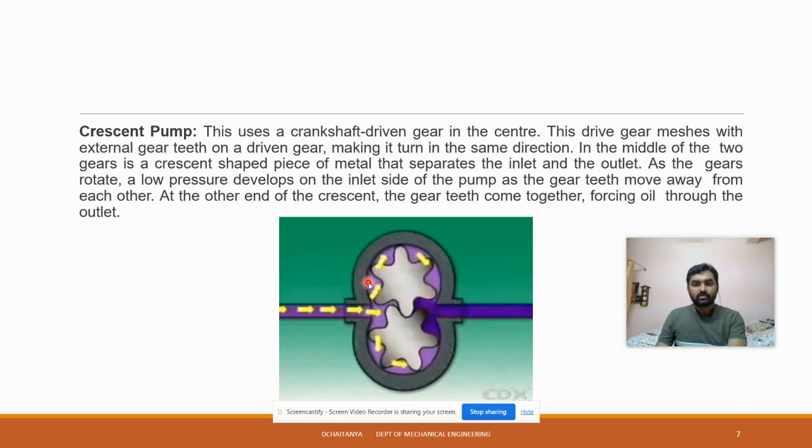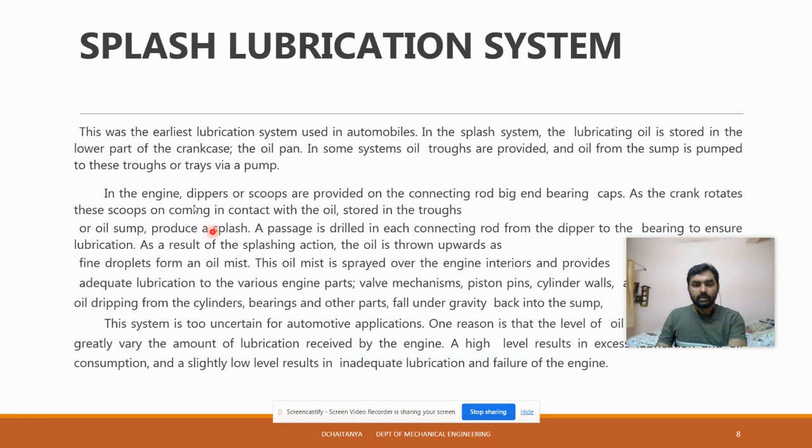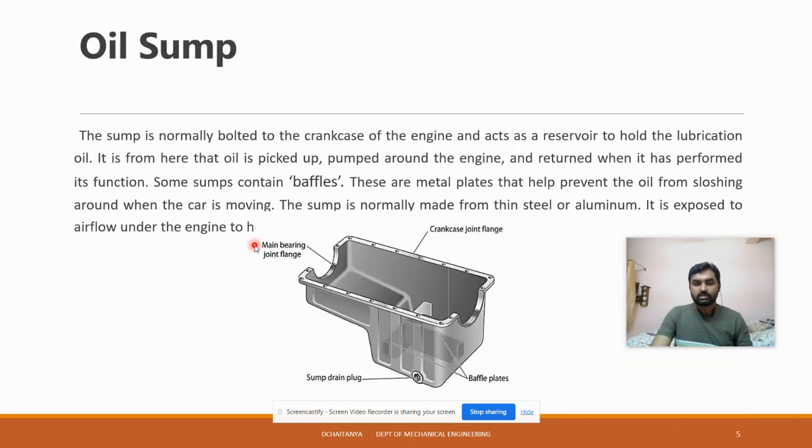Next we come to splash lubrication. In olden days you would see the splash lubrication system. Already we have discussed the oil sump where the oil is stored, called the oil pan. The design will be different. You can see there are some troughs.